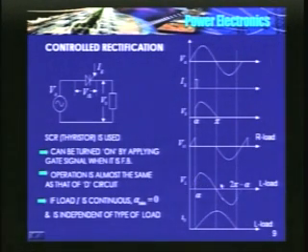Positive L di by dt, negative L di by dt. Current starts decreasing at pi, it becomes 0 at 2 pi minus alpha. So this is the difference between controlled rectification and uncontrolled rectification. Only thing you need to know is the type of load and the circuit equation. You can solve that.